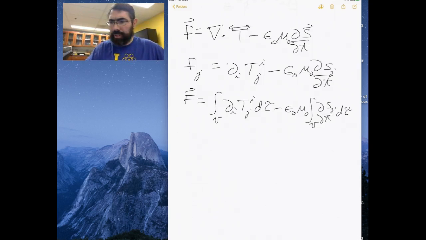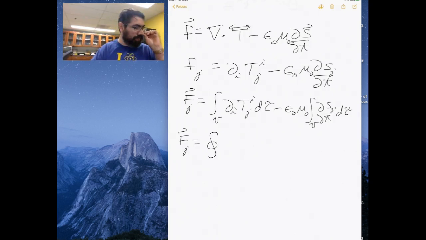Now I went straight for the index notation to write out the force. I could have written out the force with the del operators and such, but anyway, so this is Fj. I should be careful. If I'm using index notation, I should use the indices. So when I do that, this is the divergence theorem. And so what I should get now is the integral over the closed surface of the stress tensor.